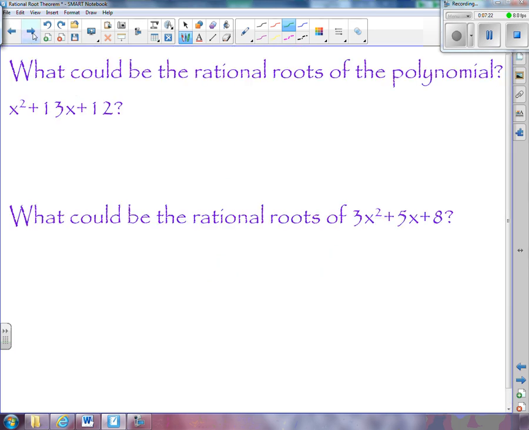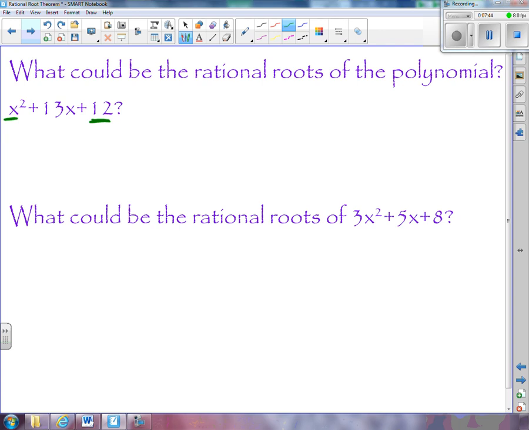So let's talk about what the possible rational roots of this polynomial could be. Now, it's always going to be the factors of the last number over the factors of the first number. This one's a little bit easier because the first number is just 1. The only factor of 1 is 1, so that doesn't complicate things at all. So all we really need to do is list the factors of 12.